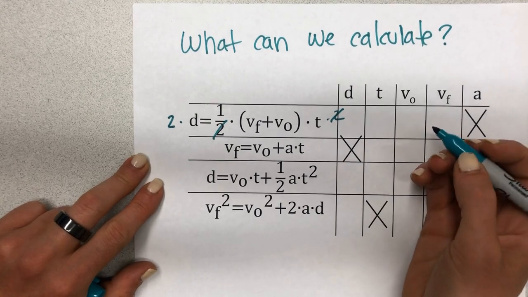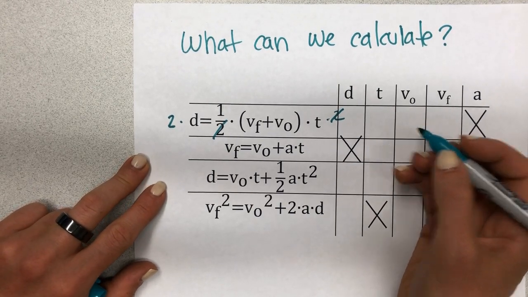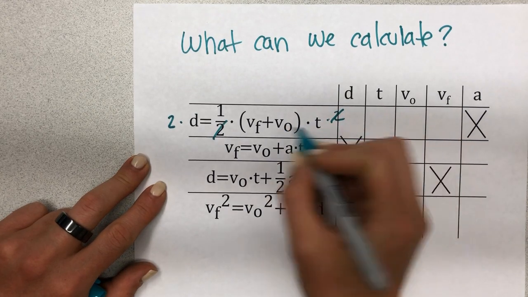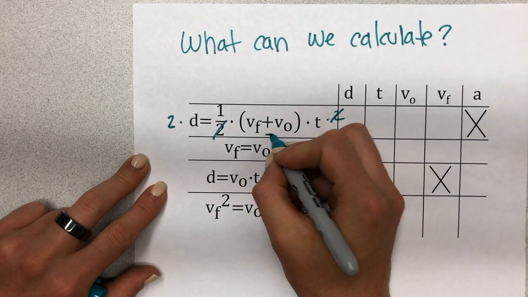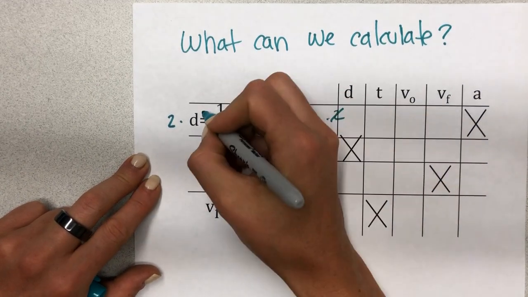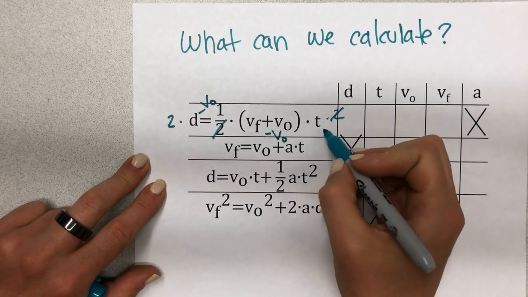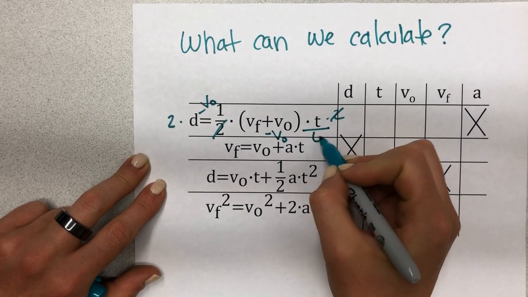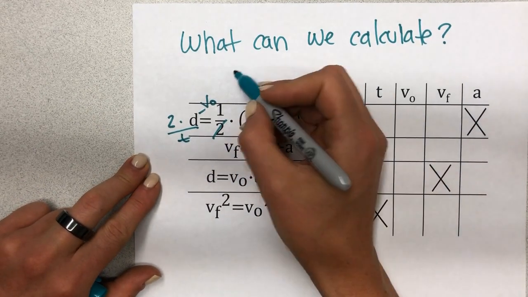The next thing I'm going to do is subtract the initial velocity from both sides. Now the last thing I'm going to do is divide by time.